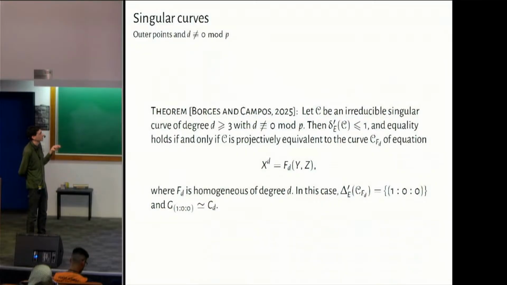And when it has one extendable outer Galois point, it is projectively equivalent to this curve here. And the corresponding Galois point is this one.